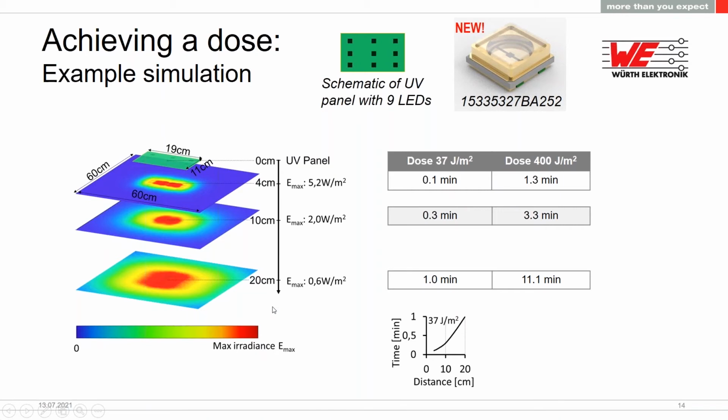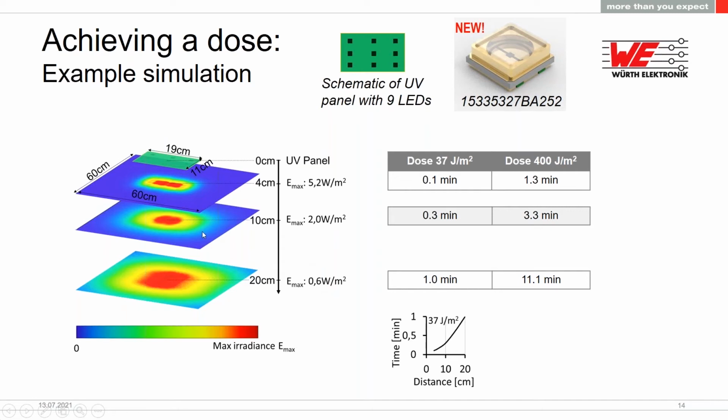And what you can see here first is that if you increase the distance, the area that is getting irradiated is increasing. But also what you see is that the irradiance, so how much light gets on it per square meter, is also decreasing.